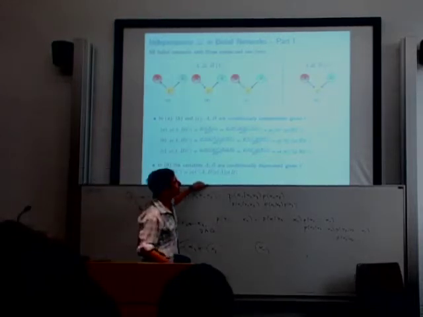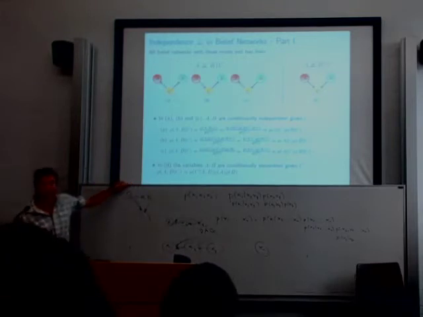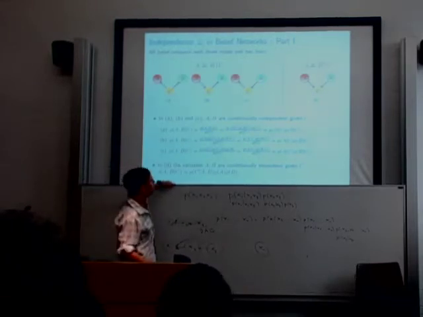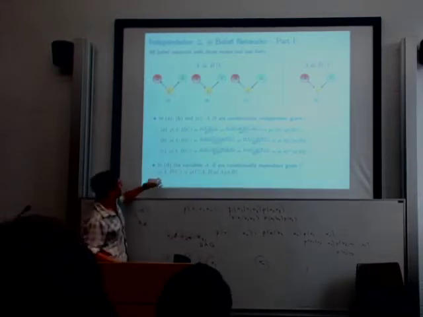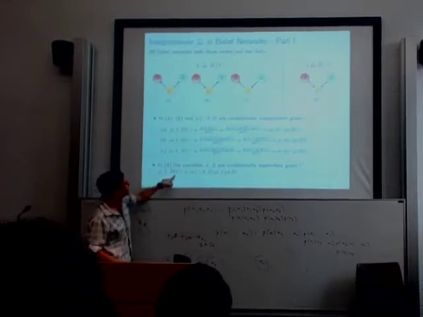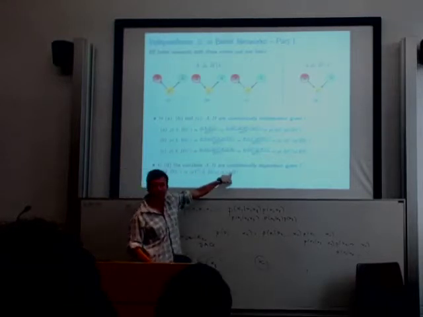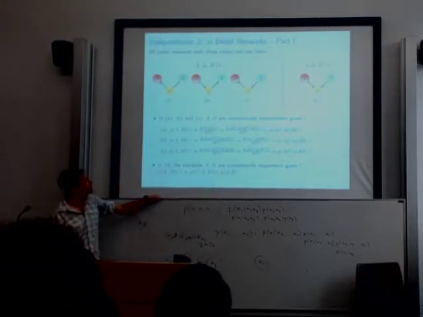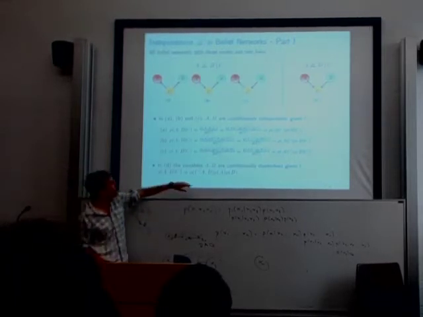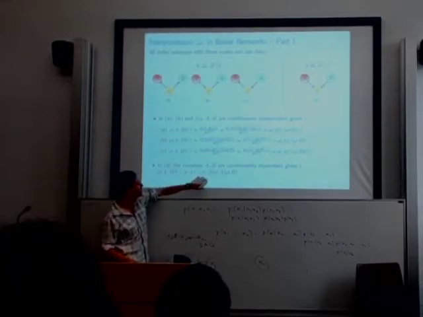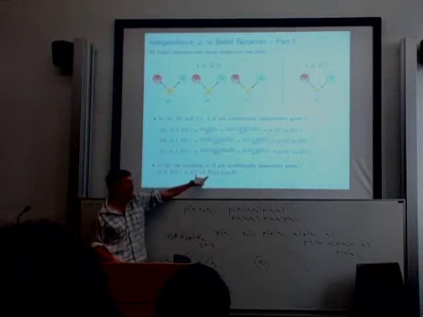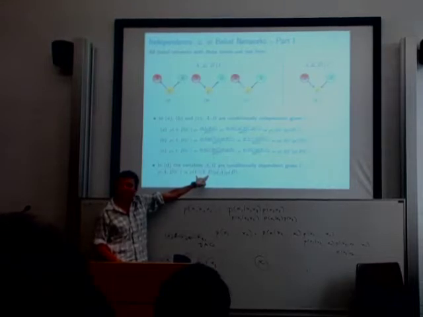Now, the other graph, though, the D, is not the same. This really is different. So if you look at this thing here, A and B given C, well, you've got a term P of C given A and B, times P of A, times P of B. Now, unless there's something very, very special in here, in general there's no reason why this thing should factorize as some function of A times some function of B. There's no requirement for that.